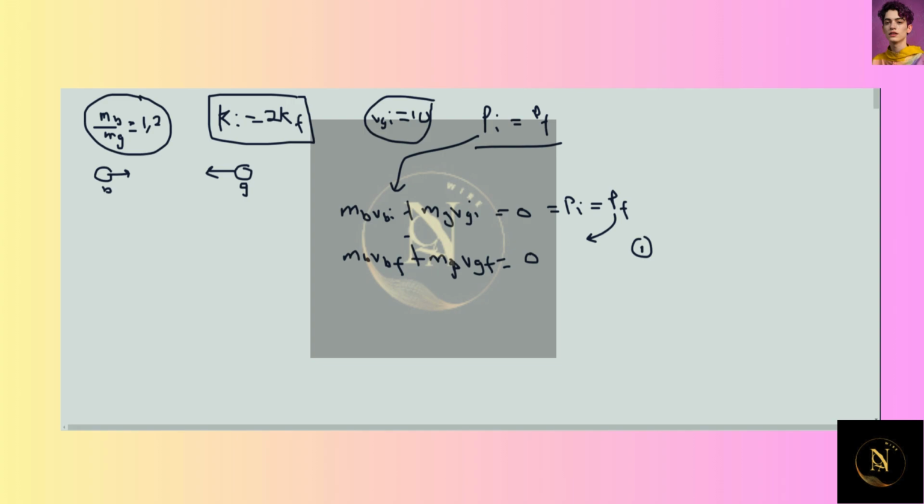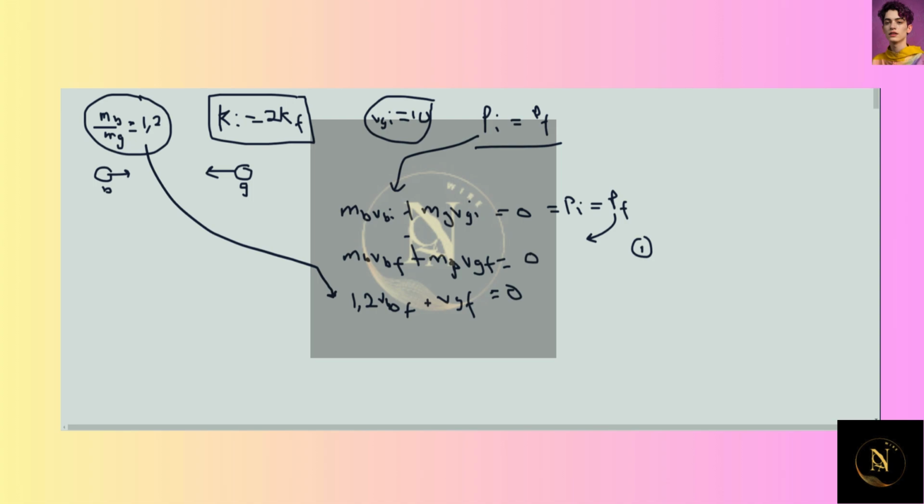So anyway, if we divide throughout by mG, what we get is that 1.2 VBf minus, or you can just keep it as a plus in this case because we don't know what direction it's going to go, VGf, and that's equal to 0. So I have used that fact now here to simplify that equation. So this is just the same. So you can't now go back and plug it in here because it's the same equation. I just simplified it a little bit.